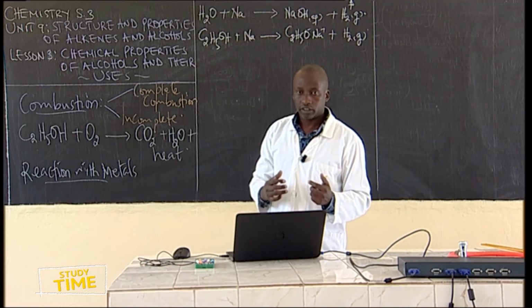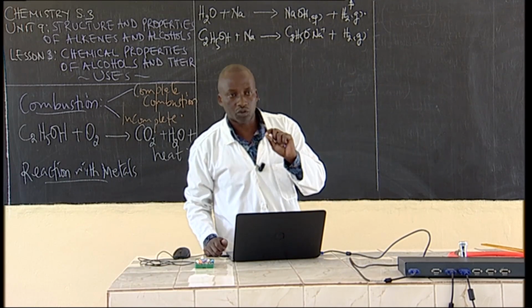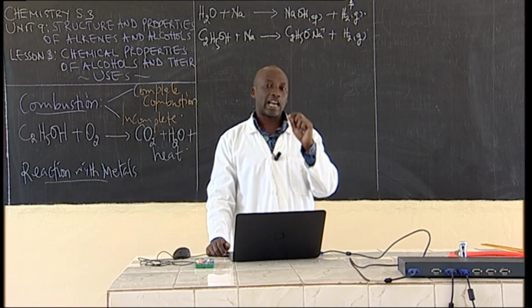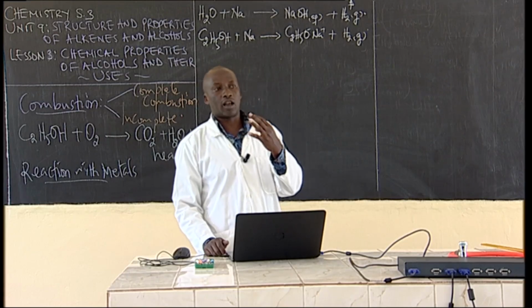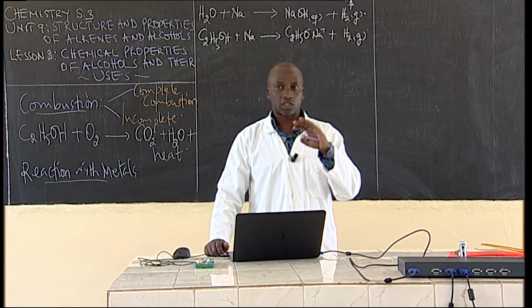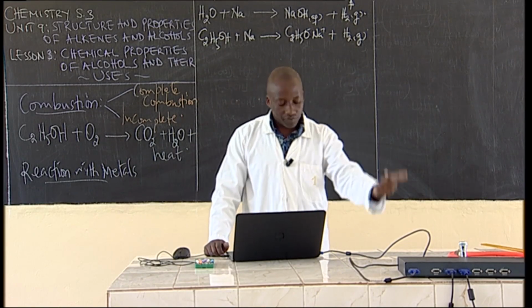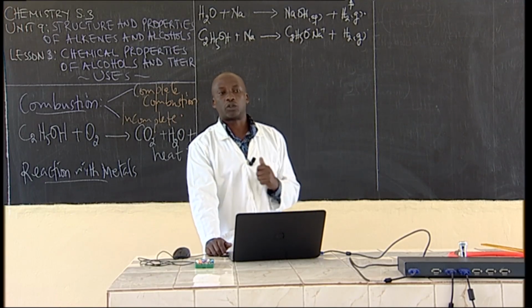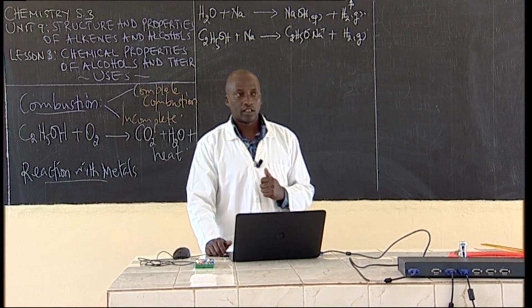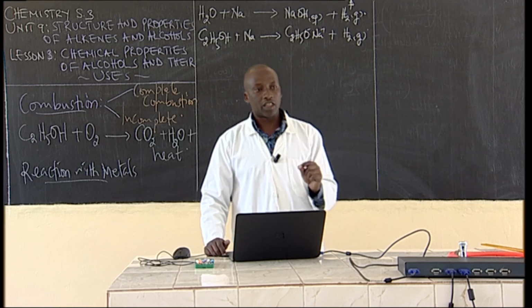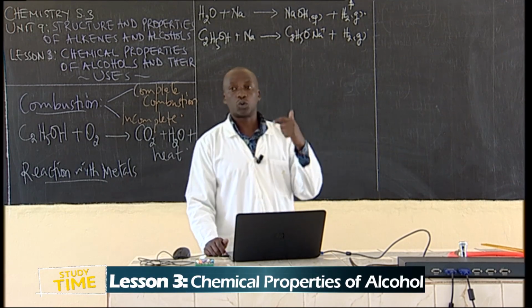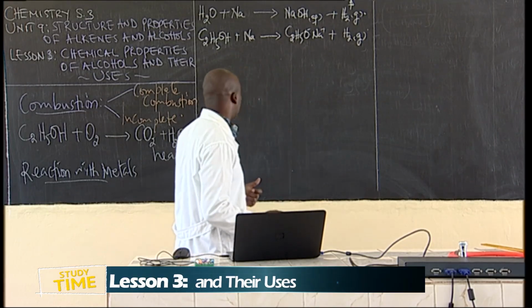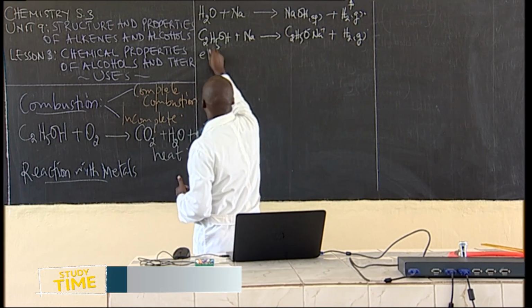However, the most important thing we should note is that the reaction with metals doesn't take place as fast as that of water. So alcohols react with metals less vigorously compared to water.